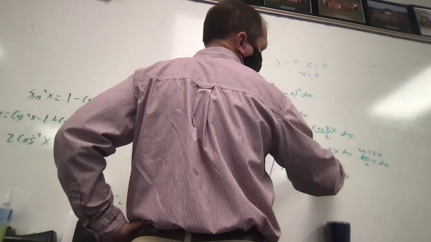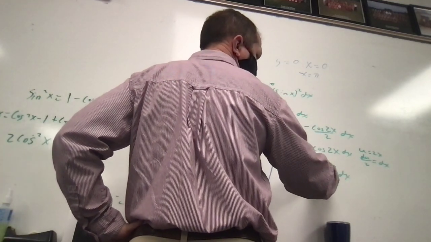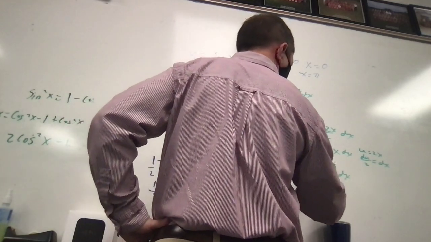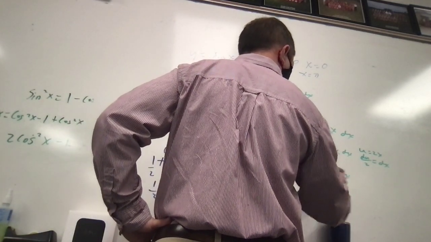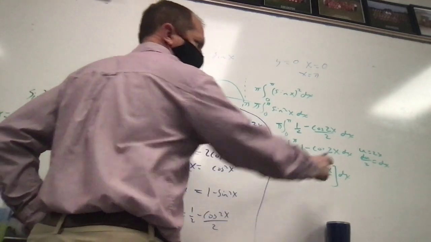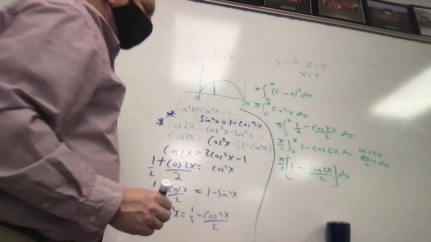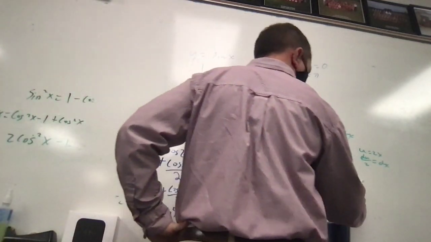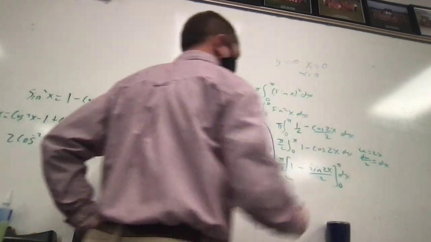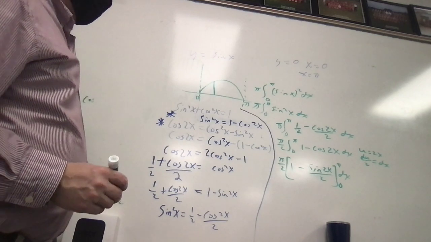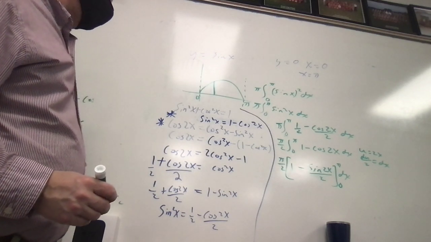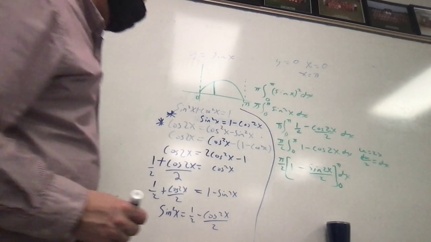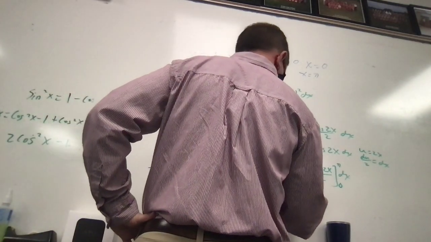So the antiderivative of cosine would be sine, so it's sine 2x over 2, because it would be 1/2 of that. All right. Don't have to do u substitution. Oh, didn't have to. I just implied it in with it. So we're still going from 0 to pi. So we've got pi over 2.